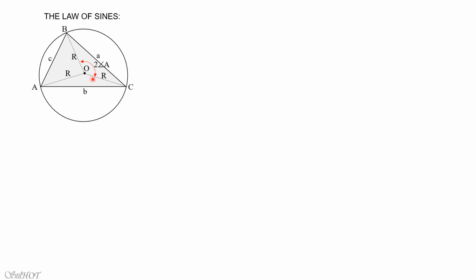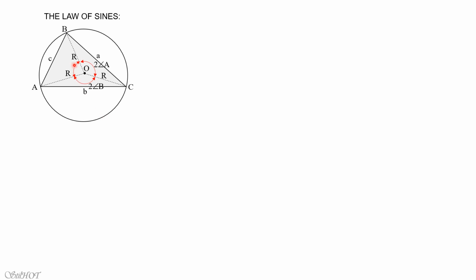So the central angle will be double that angle measurement. So this is 2 times angle B. So of course, the remaining angle is equal to 2 times angle C.